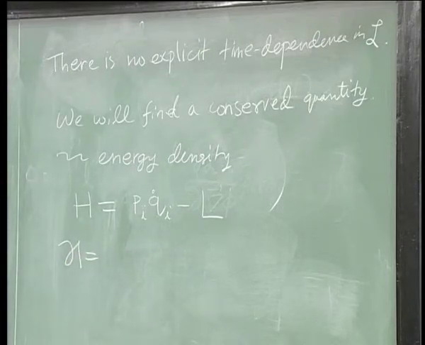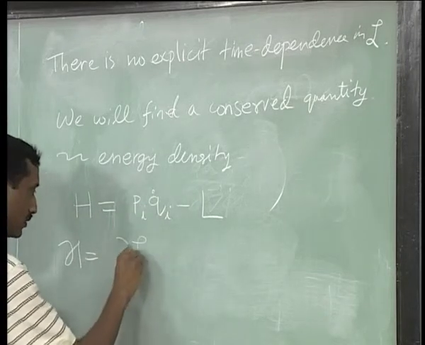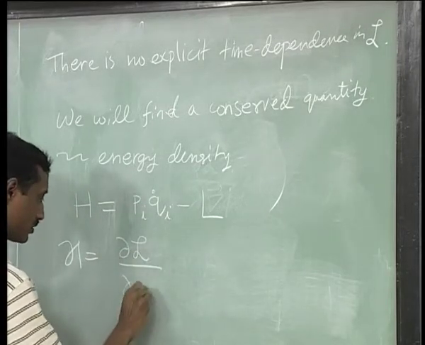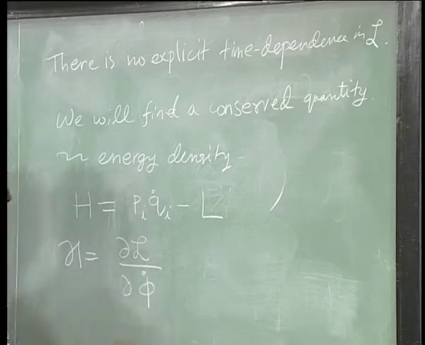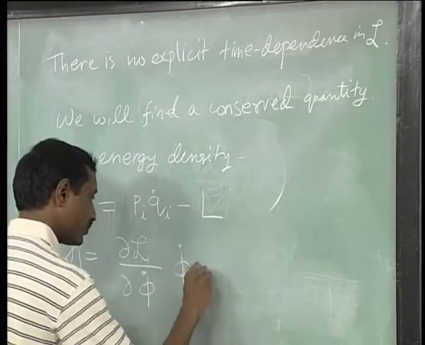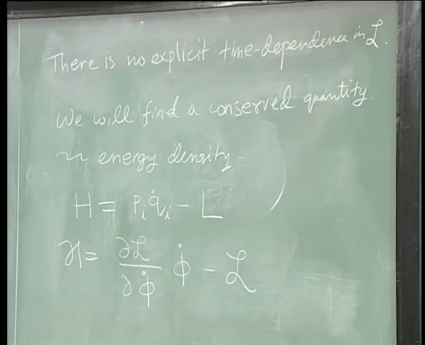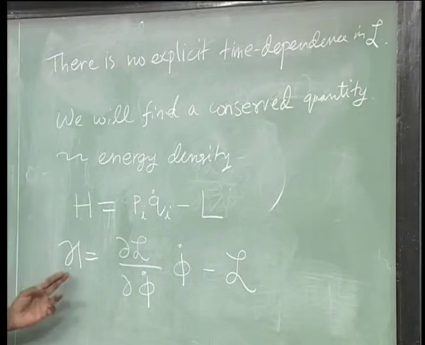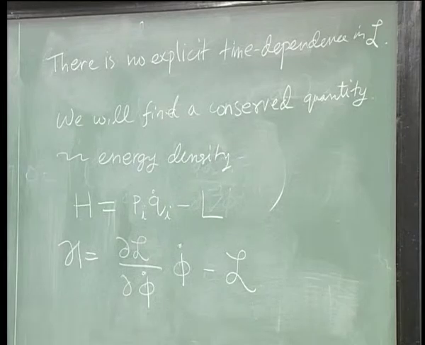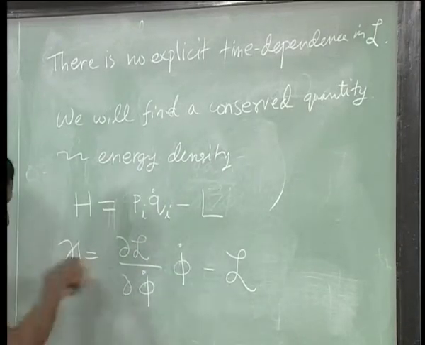The analog of J0 here will be this. So, this will be what we will call energy density. I have just used the normal definitions out here. Okay. So, this is what we will get.